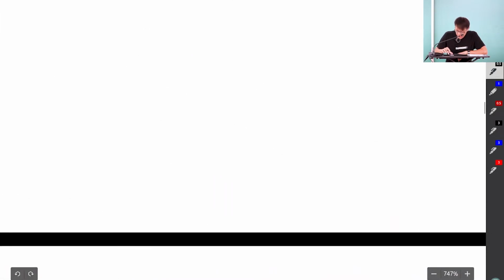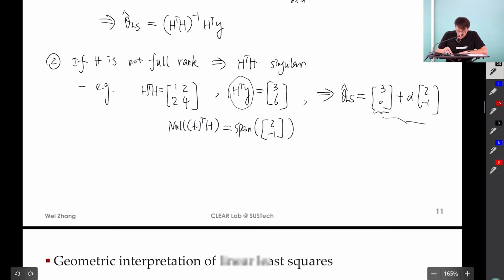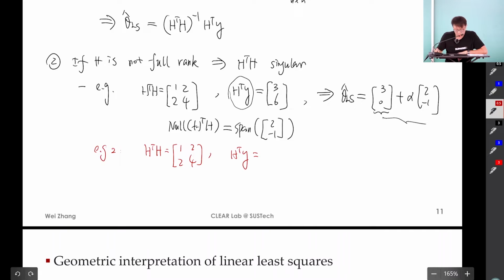Okay, and with the same example, now let's say second example: H transpose H is still [1, 2; 2, 4], and this guy is equal to [1, 1]. Is there a solution? Do you know where to think of?